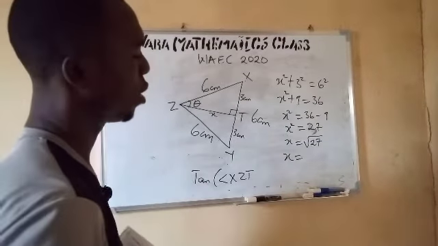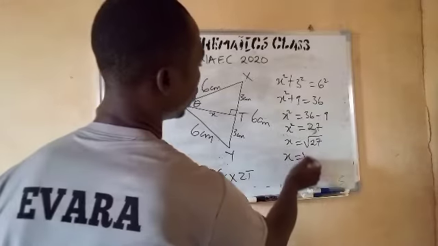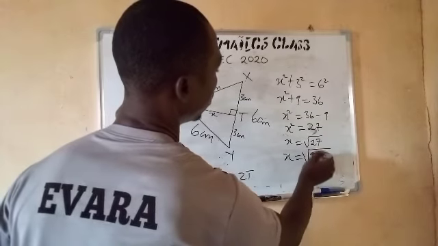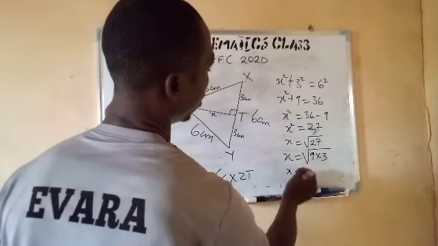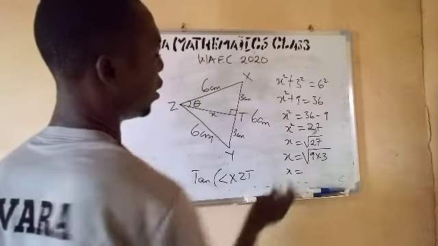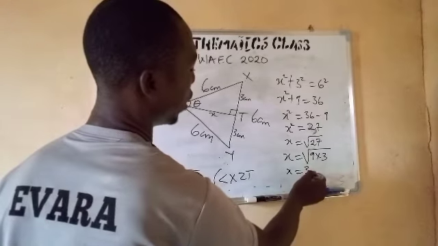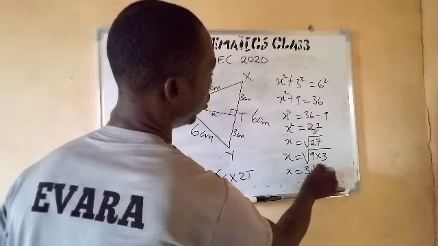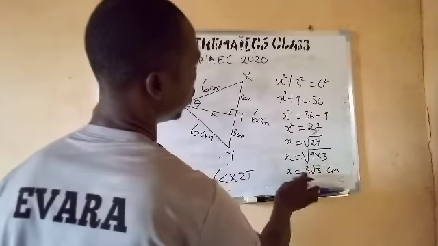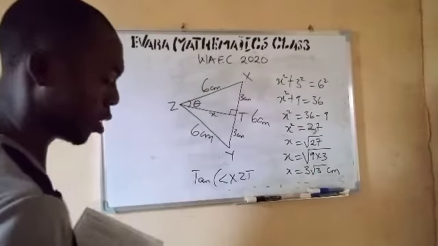That is 9. So 27 will be 9 times 3. The square root of 9 is 3, so we can bring it out and we are left with root 3. So our x is 3 root 3 centimeter.